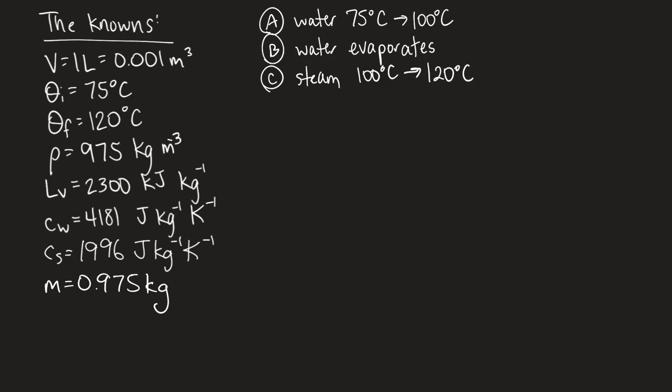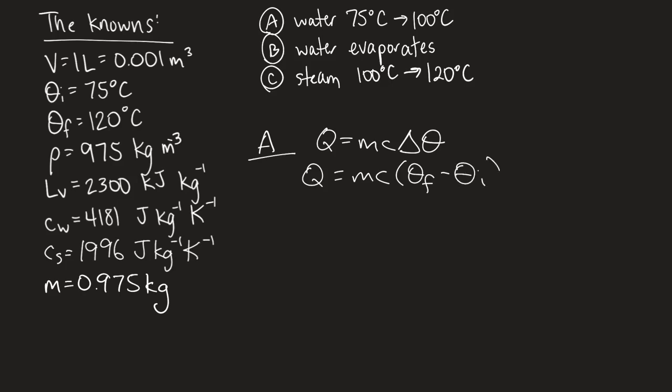So the first one, heating up the water, we want to use Q equals mc delta theta. And be careful with this because our delta theta here, even though we put final minus initial, is not our total final and our total initial. It's the final and initial for our water, so just the 75 to 100.